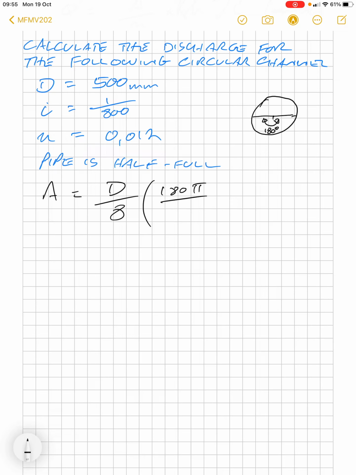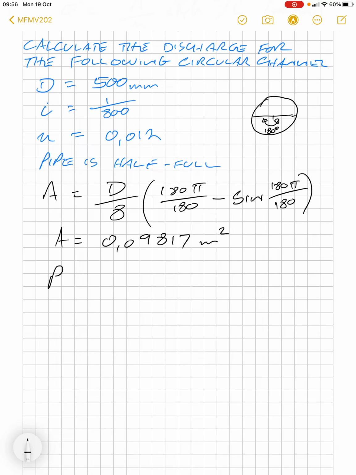So we have 180 times pi over 180. In other words, we're converting it into radians. Pi over 180 would be the radians. We then subtract sine of 180 times pi over 180, which gives us an area of 0,09817 square meters, but it is half full.